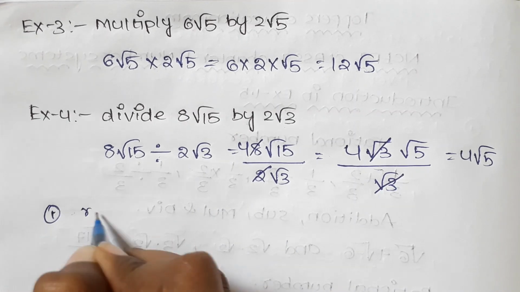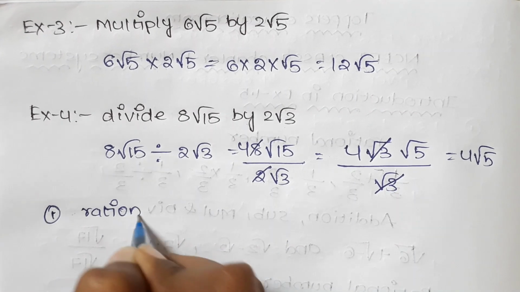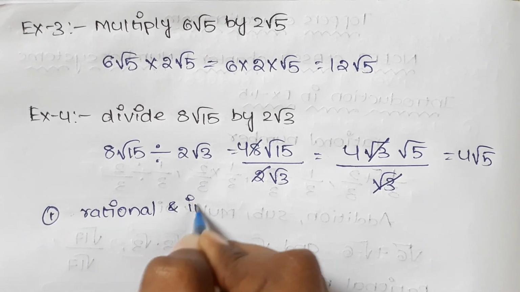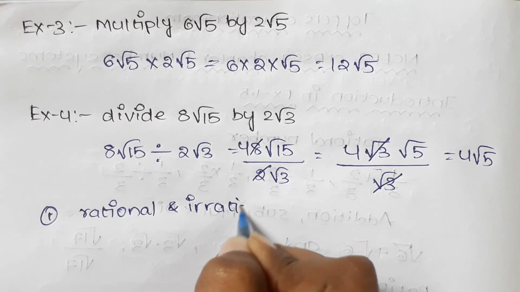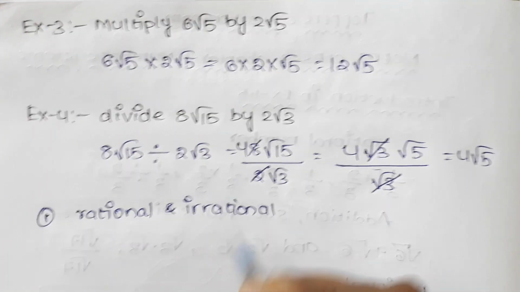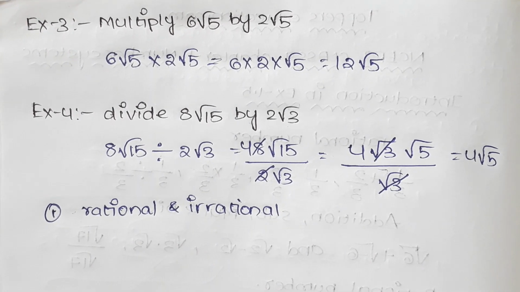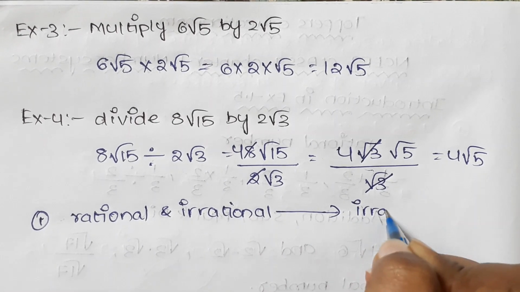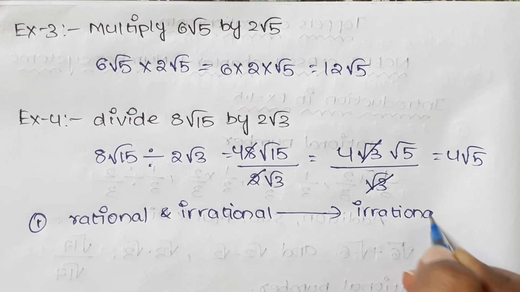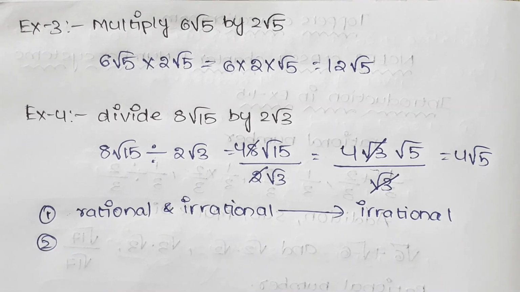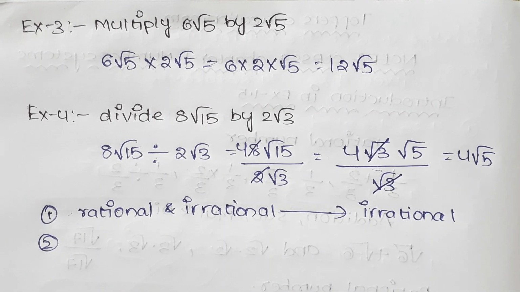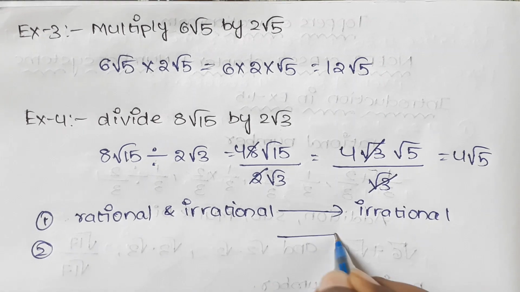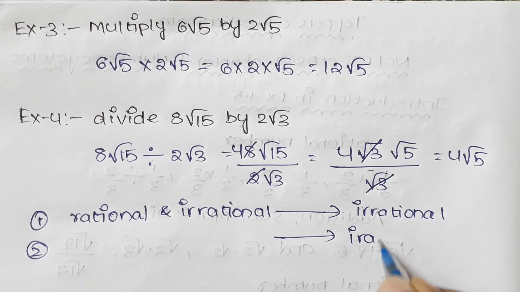Sum or subtraction of rational and irrational is irrational. And another one is, product or division of rational and irrational is also irrational.